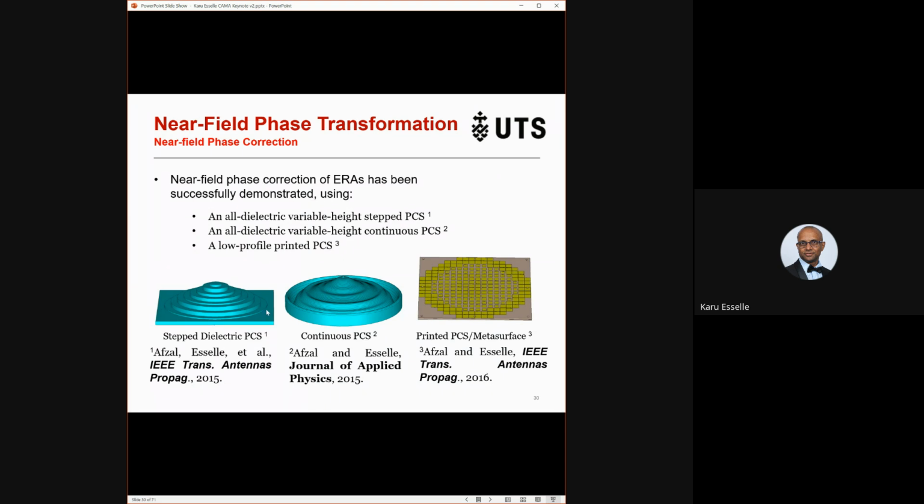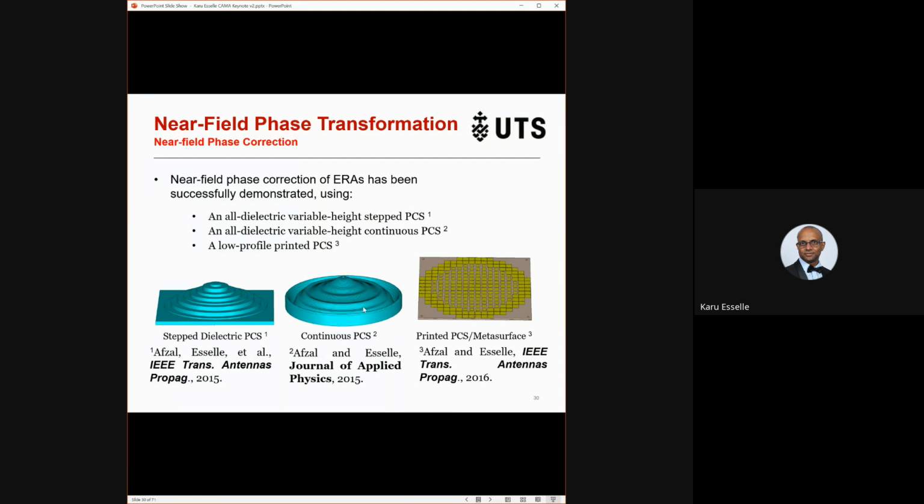In simple words, it's a lens. It is not a flat lens, but it's a microwave lens. We stepped it for ease of fabrication. Otherwise, analytically, its shape could be more continuous.